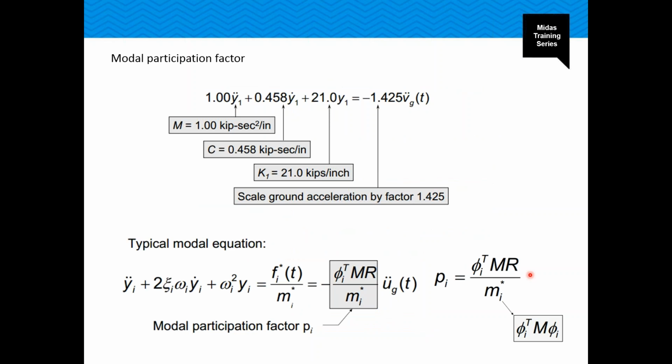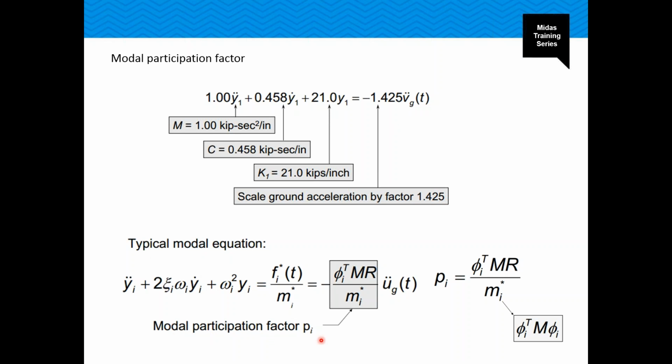In the uncoupled modal equations, the mass of each SDOF system is 1.0, and the ground acceleration is scaled. The scale factor is 1.425 for mode 1 in this example. The scale factor applied to the ground acceleration for each mode is called the modal participation factor.